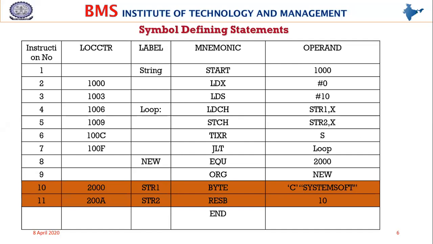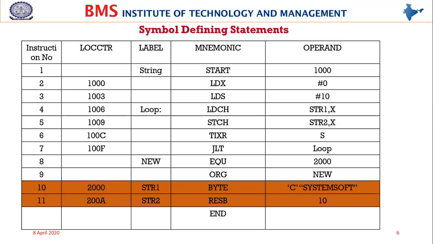After that, we are specifying ORG new. ORG initializes your location counter to whatever value is specified. Here we have specified new, and new is equated to the value 2000. That means your location counter will now be initialized to 2000.